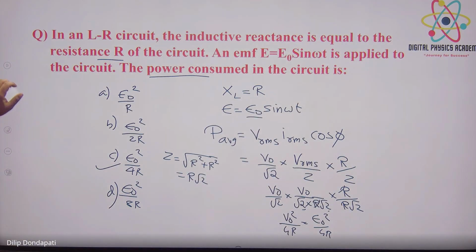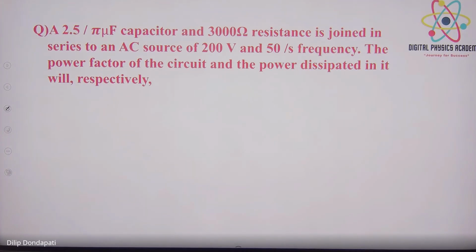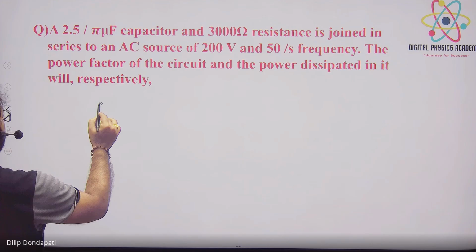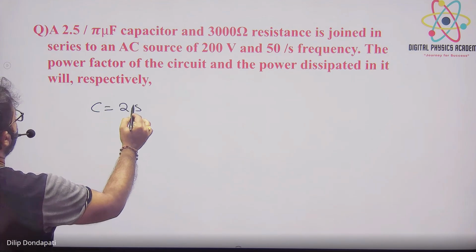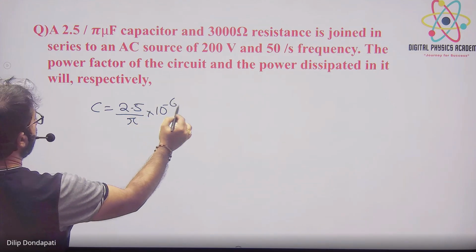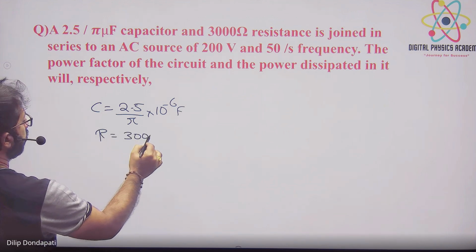Okay, next one. A 2.5 by pi microfarad capacitor. So this capacitance is given as 2.5 by pi. Micro is 10 power of minus 6 farads. And the R value is also given, 3000 ohms.